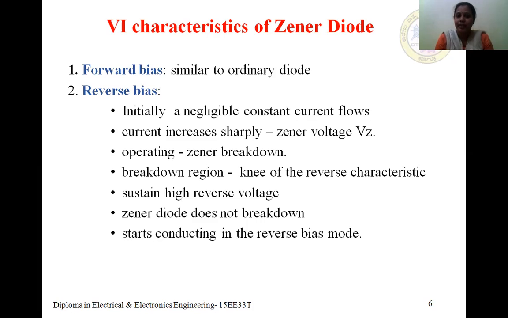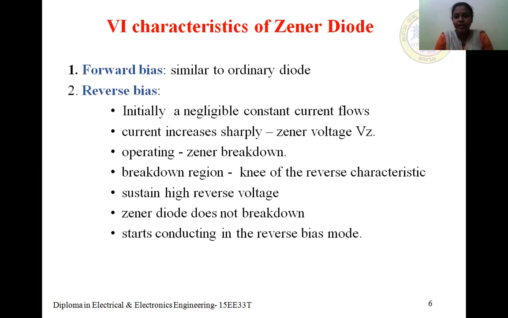That's why it can sustain a high reverse voltage. At this point the Zener does not break down or get destroyed. So finally, I can conclude that this Zener diode is operating in the reverse biased condition without damage. When compared to a diode, a diode does not conduct in the reverse biased condition.